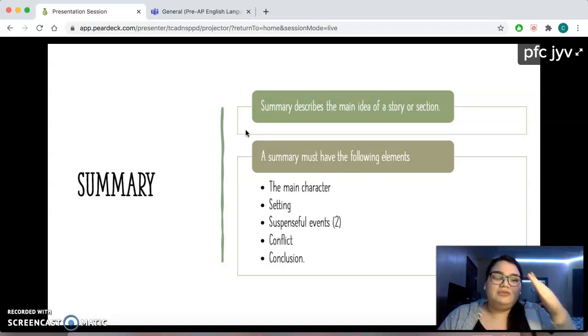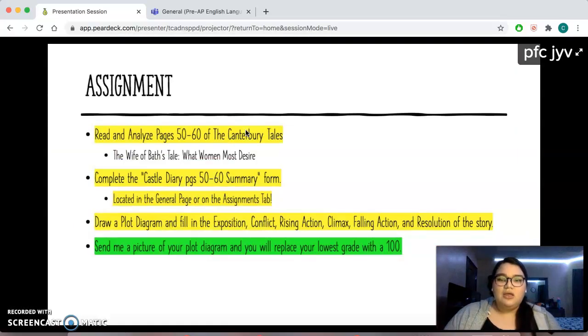And then we have the falling action and the conclusion, which would be part of the resolution. So if you are able to understand the plot diagram and see those elements, it would be easier for you to write a summary. So it's very important for us to understand and get those things down.